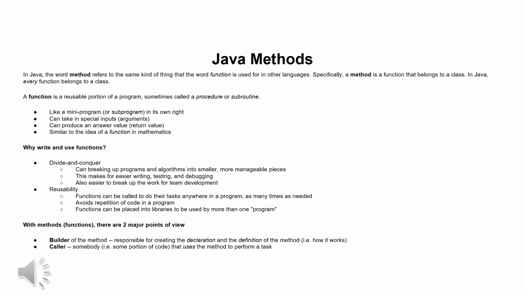The other reason is that we can use those functions or methods several times in our program. We write it down once, but we use it several times. We call that function, that method, several times based on how much we need it in our program.